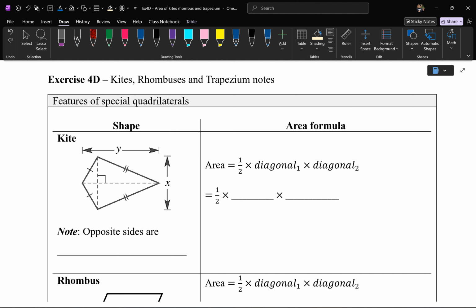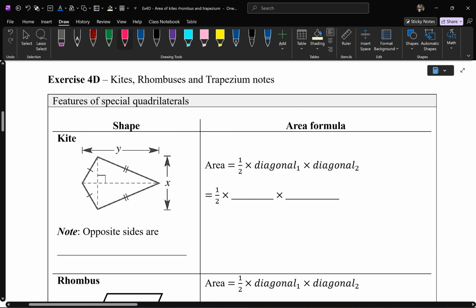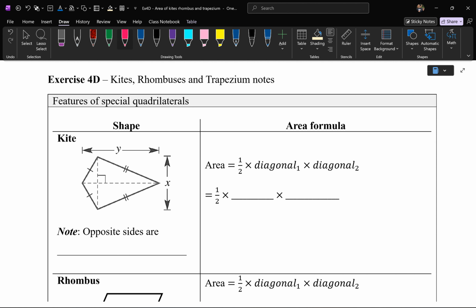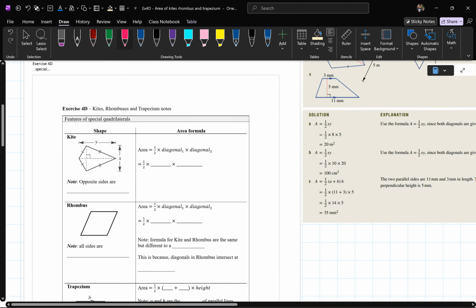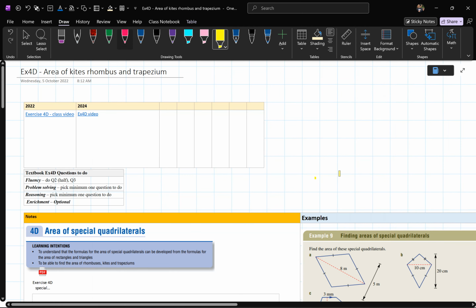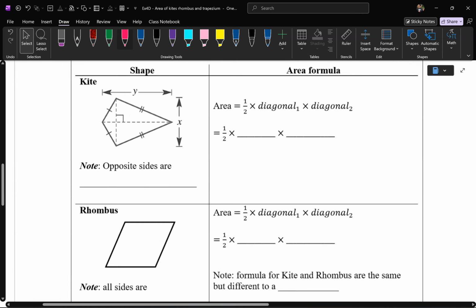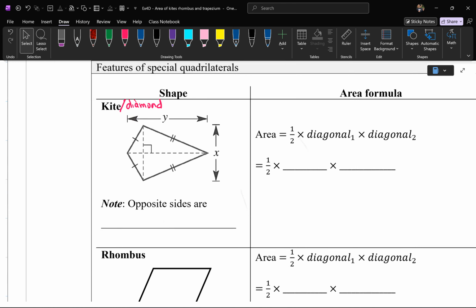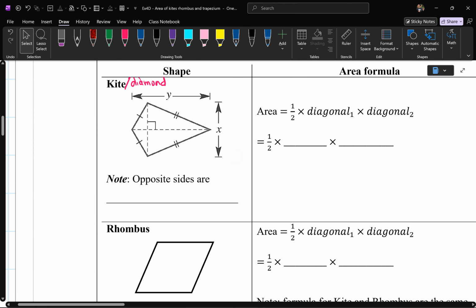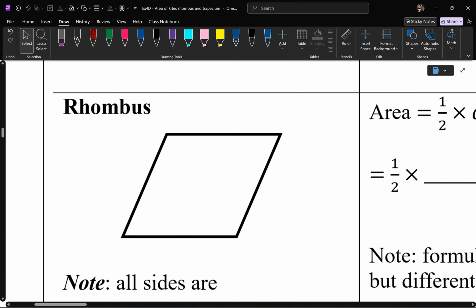So, what is the difference between a kite, which sometimes is called a diamond, and a rhombus? Sometimes the textbook will draw that, and if you tilt your head, it kind of looks like a diamond.